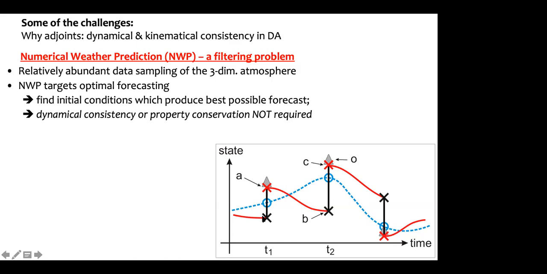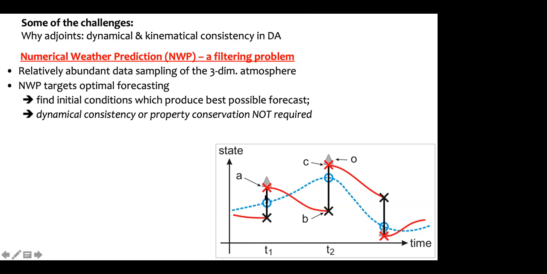Now you realize your forecast doesn't fit the observations very well. So you do an analysis which combines the background, the information you have at that time from the model, and the observation to produce what's called an analyzed state.